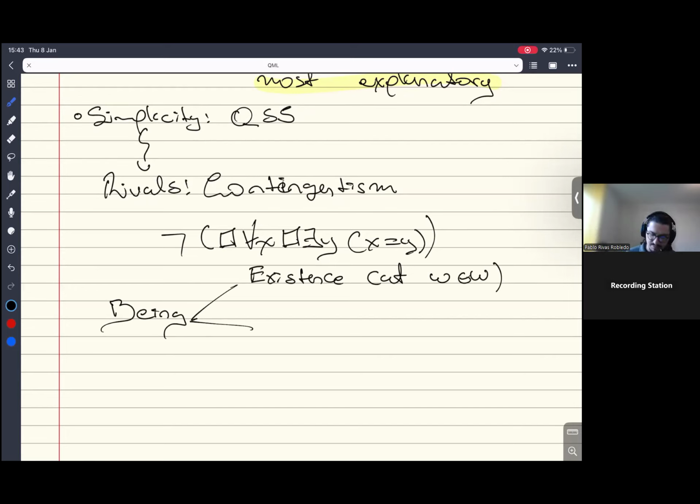Some people call it subsistence. I think it was Meinong who called it subsistence, then Mally used another word for it. But the idea is that you break apart how you do quantified logic. And then you give me the quantified modal version of that.